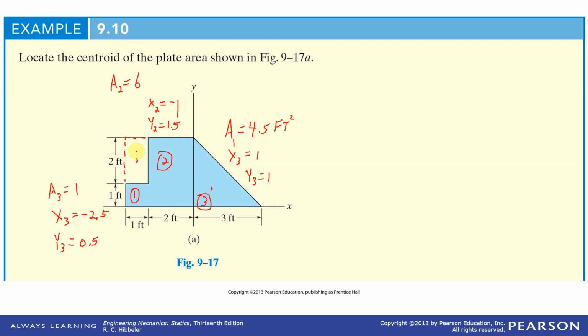So the area would be area 4, I'll call it, equals 2 feet squared. The x4 is going to equal -2.5. And the y4 is going to be 2.